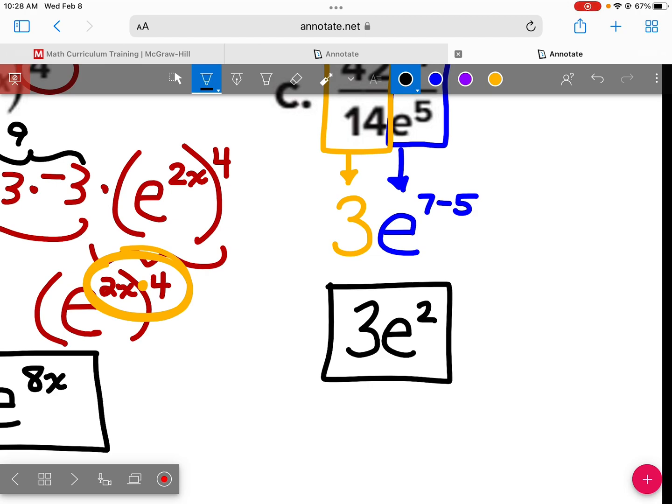Look at my final answer, I'm gonna E to the 8x. 2x and 4 to 8x.